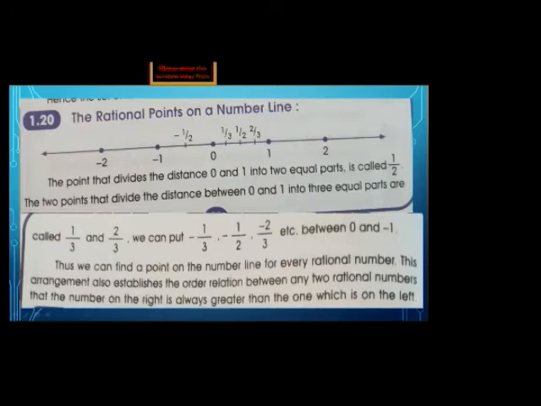This arrangement also establishes the order relation between any two rational numbers, that the number on the right is always greater than the one on the left. Keep in mind, all the numbers on the right hand side will be greater than all numbers on the left hand side.